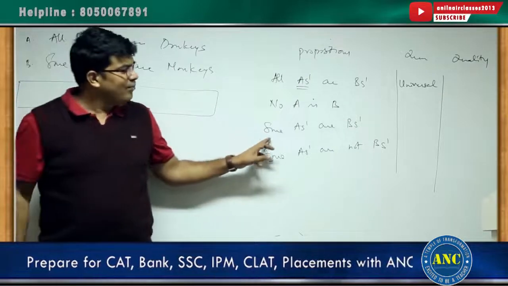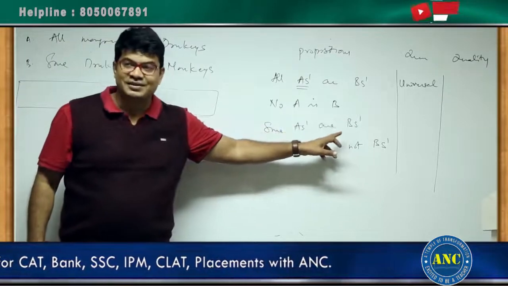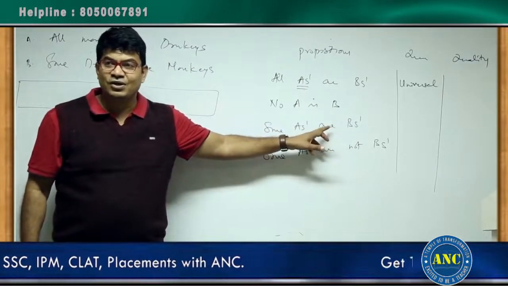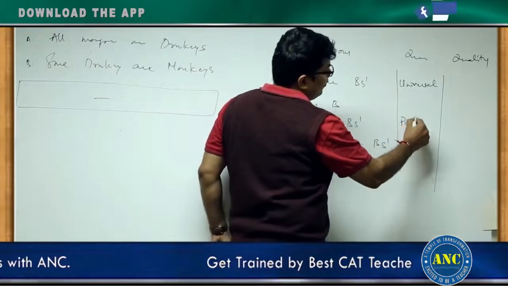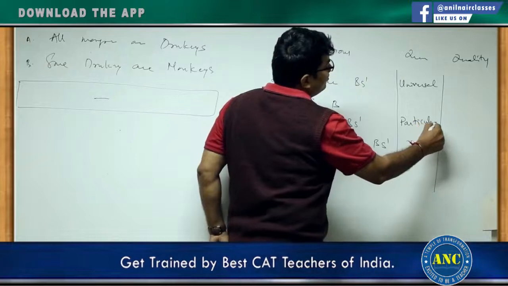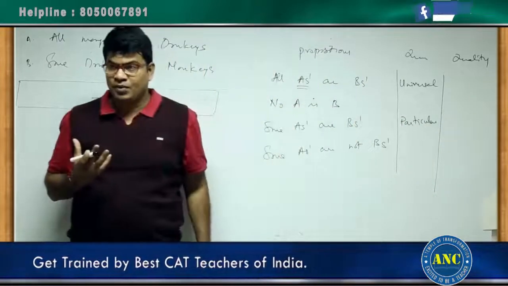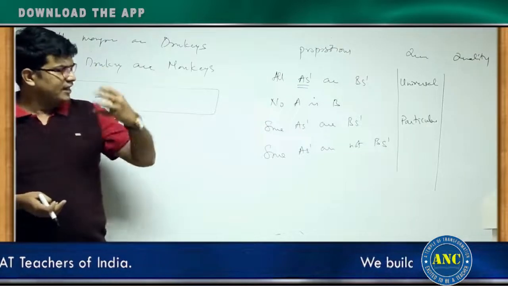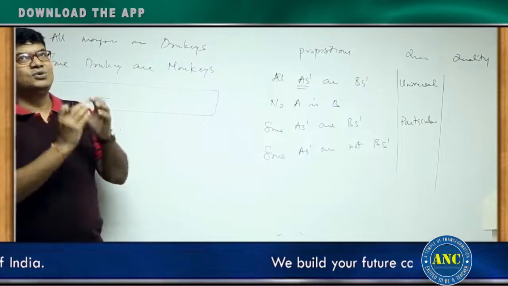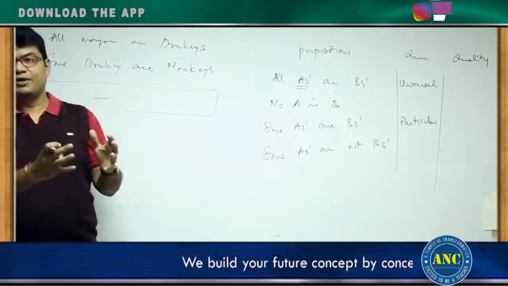Now if I say some A's are B's, is it universal? No, it's particular. So we'll define such a statement as particular in terms of quantity. When we learn logically, I want you to understand whether it's a universal statement or a particular statement.